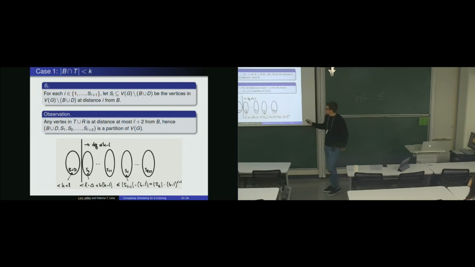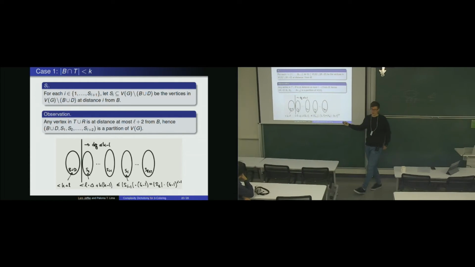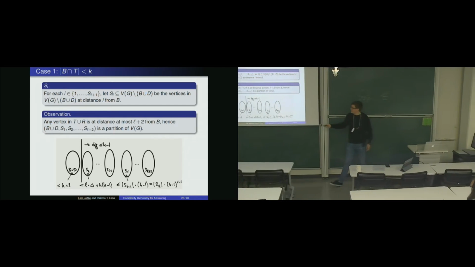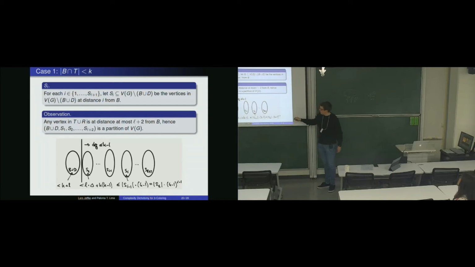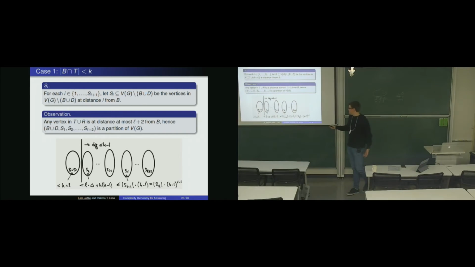Then we also know that every vertex in these sets has degree at most K minus 1. This means that if we look at some set Si, then there are at most K minus 1 times the number of elements in Si minus 1 many vertices. Okay? And this means that this is just the size of S1 times K minus 1 to the I minus 1.